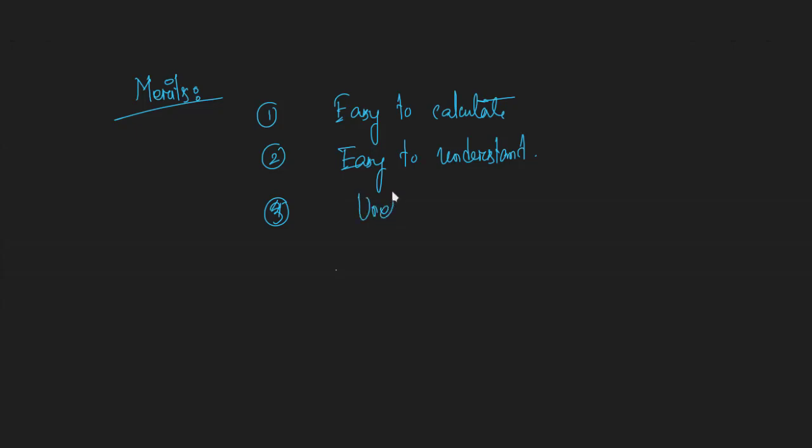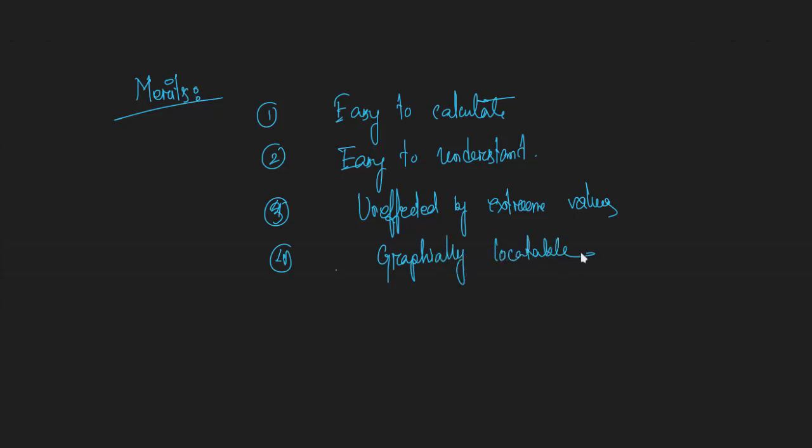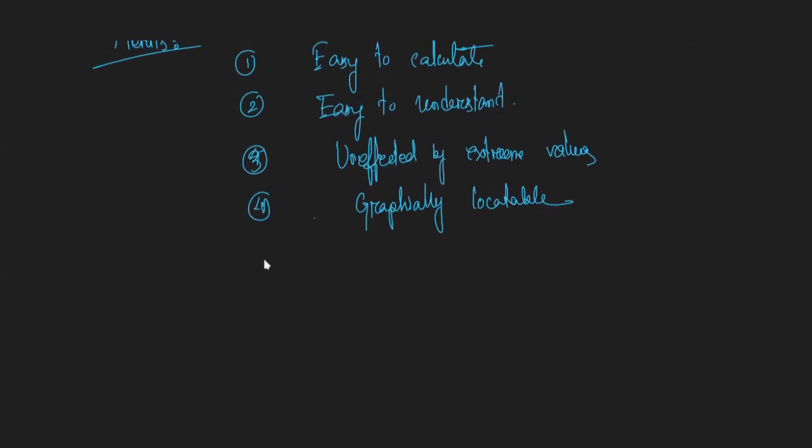Number 3 is unaffected by extreme values. Right, number 4 is graphically locatable, meaning it can be found on a graph too.